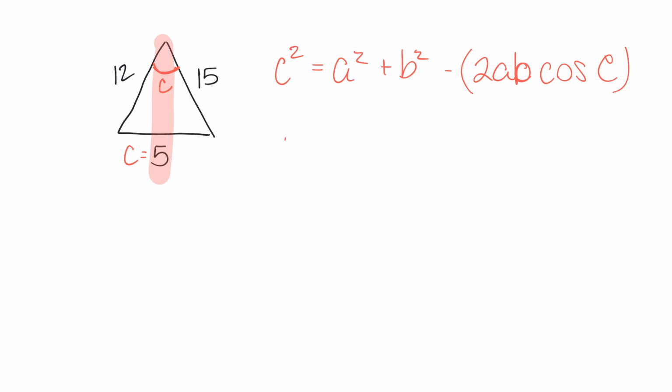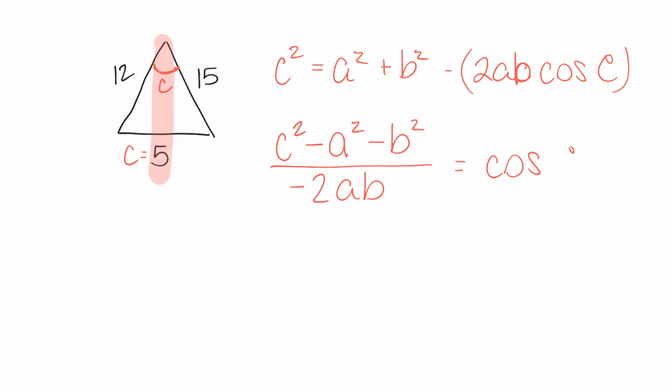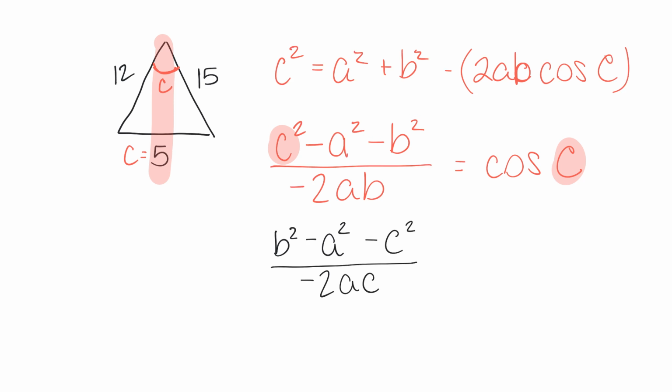Once this is rearranged, it looks like this: negative 2ab equals the cosine of C. So just like before, if we're looking for B, we can swap out C for B, but that B has to go in the right spot. So we could make this b squared minus a squared minus c squared over negative 2ac equals the cosine of B.